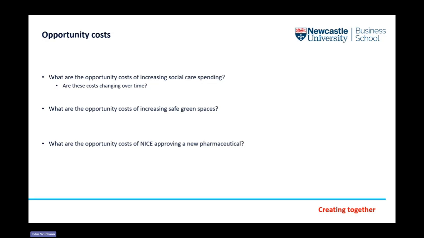The classic one, and if you've come across economic evaluation in healthcare, you'd maybe have come across this in terms of NICE and their approval of new pharmaceuticals. What are the opportunity costs of new pharmaceuticals? Well, they have a threshold. NICE have their £30,000 per QALY, so per quality adjusted life year.